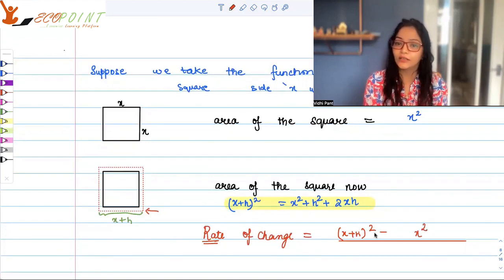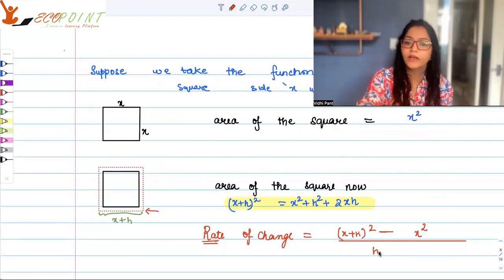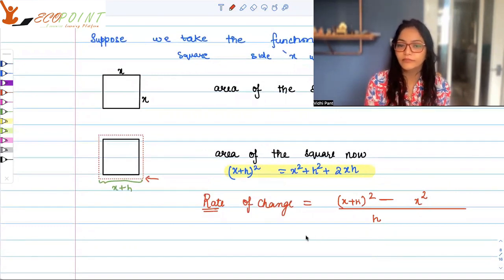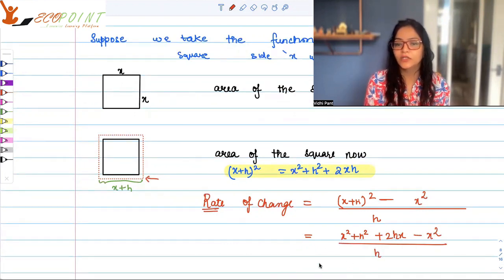That's the change that occurred in the area when I changed x by h. The new side was x plus h. So the change that has occurred in x is h. So let's look at this rate of change. It's going to be x square plus h square plus 2hx minus x square, whole thing upon h.